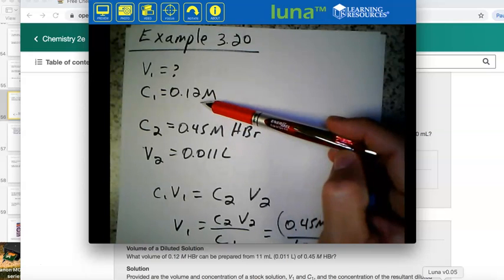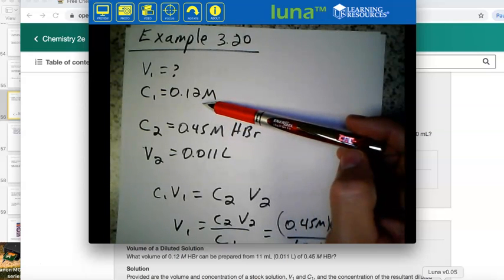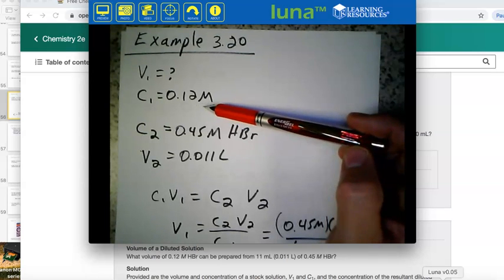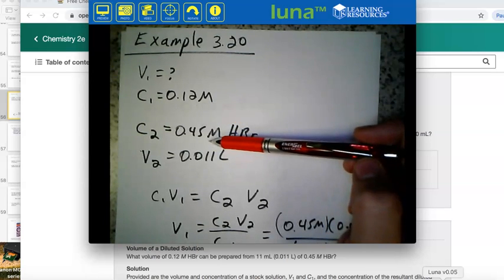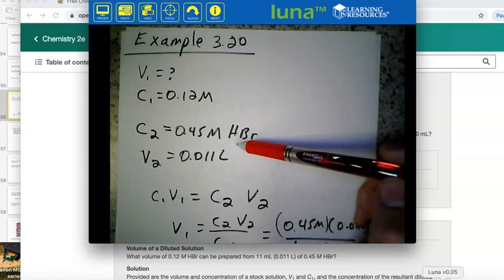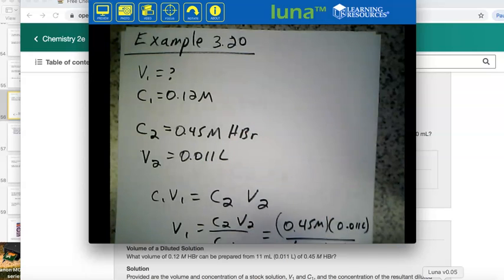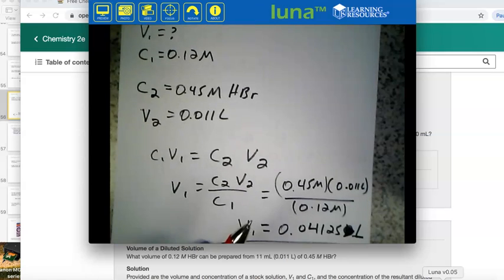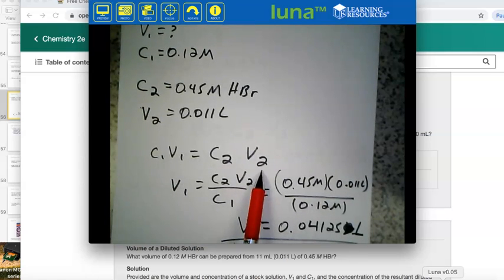So here we don't know our volume. The concentration of our diluted solution is 0.12 molar. The concentration of our stock solution is 0.45 molar hydrobromic acid, and the volume is 0.011 liters. So we have our dilution equation here.